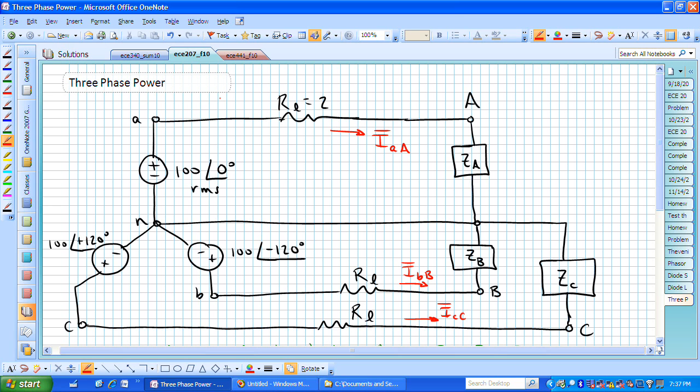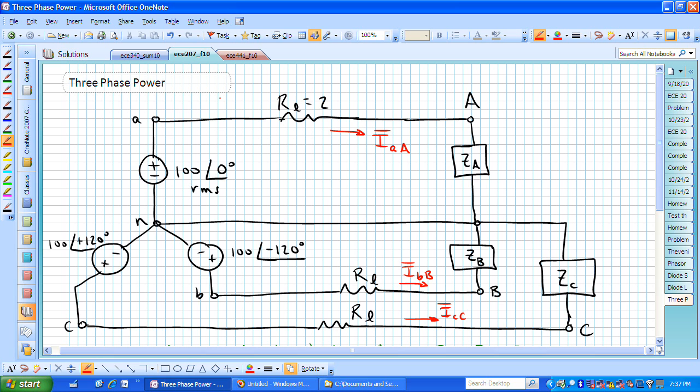We have resistance in the transmission line, or R sub L, and in this case I'm setting those all the same, and I'm assuming that that's purely resistive. There's no reactive element in that transmission line between any of the loads.